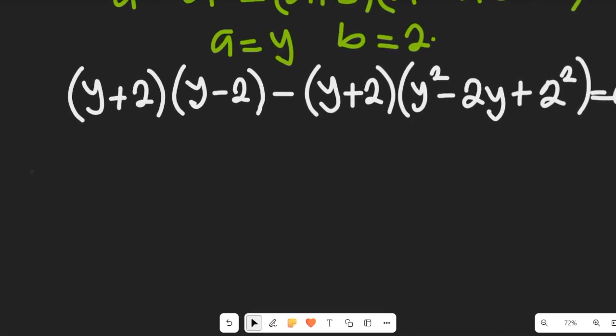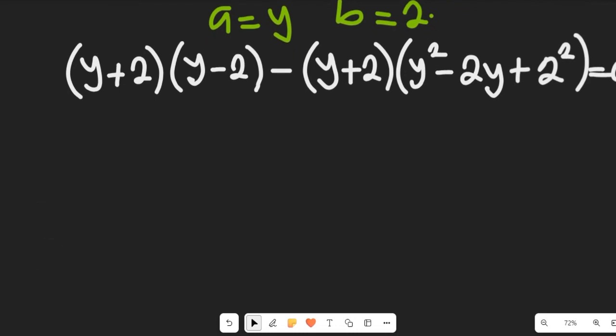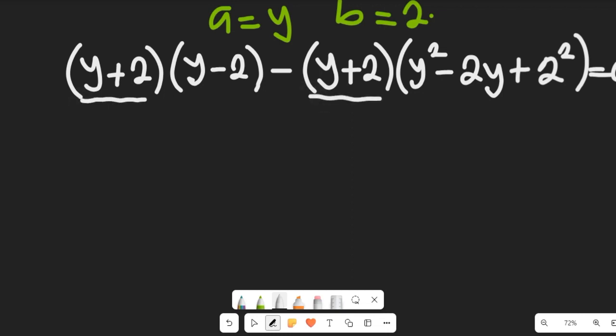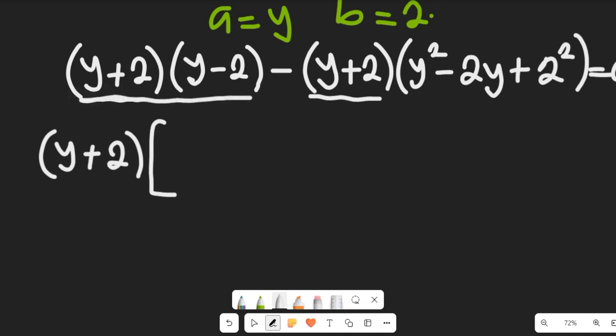Great. Now, looking at these two expressions, you find out that we have two common terms. And what are the two common terms? y minus 2 and y minus 2. So what do we do here? We're going to bring out those two common terms, y minus 2. So having y minus 2, we're going to divide this whole part by y minus 2.